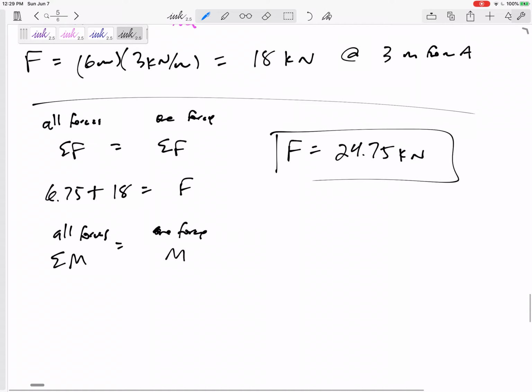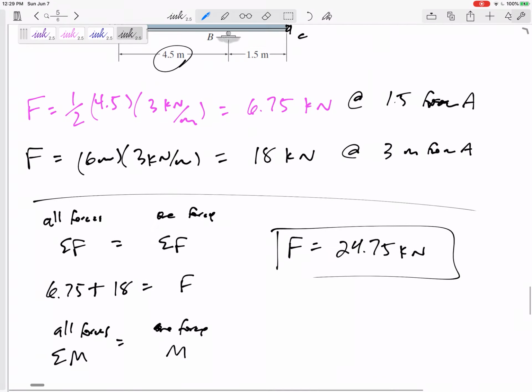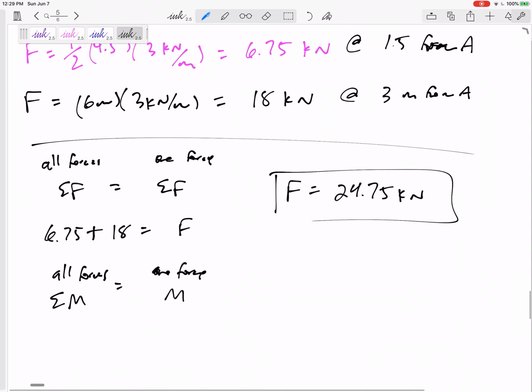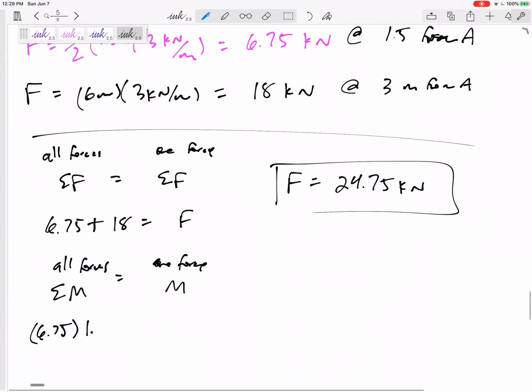I should get the same answer. So let's do the moment about A. For all forces, that 6.75 is 1.5 from A, creating a, we'll call it negative moment. The 18 is 3 meters from A, creating a negative moment.